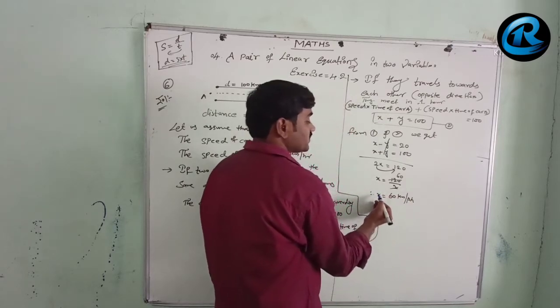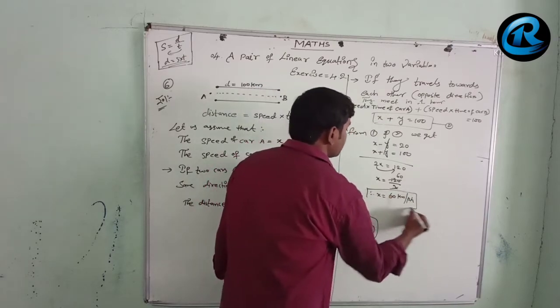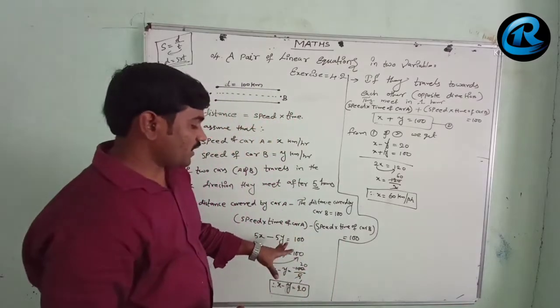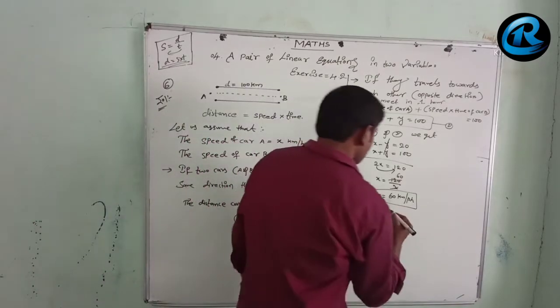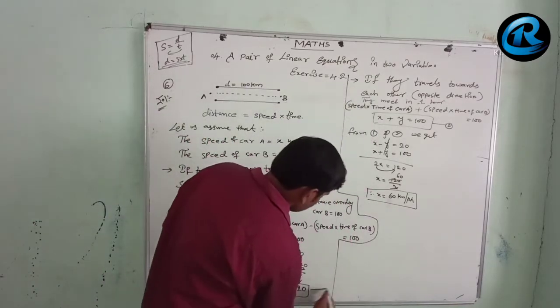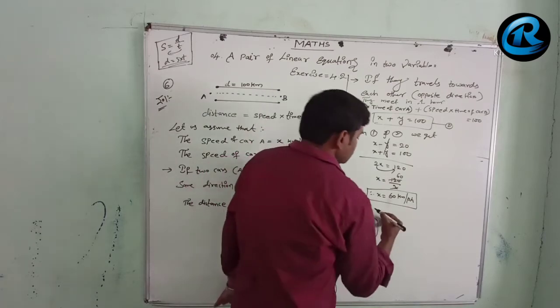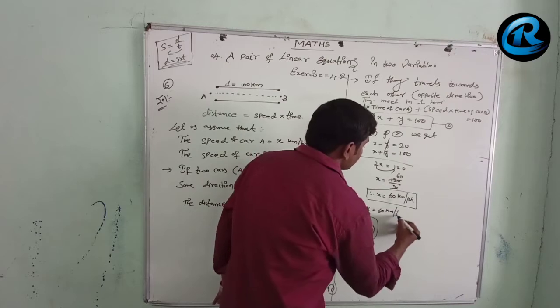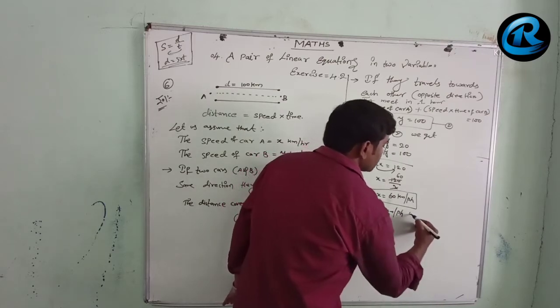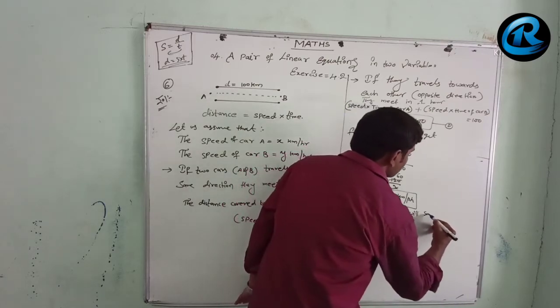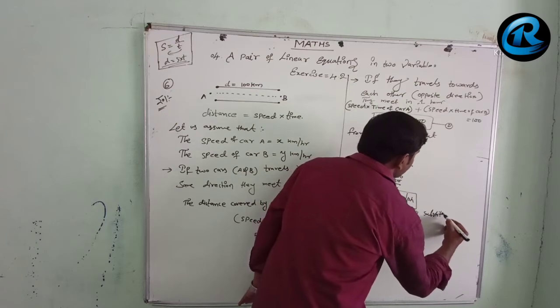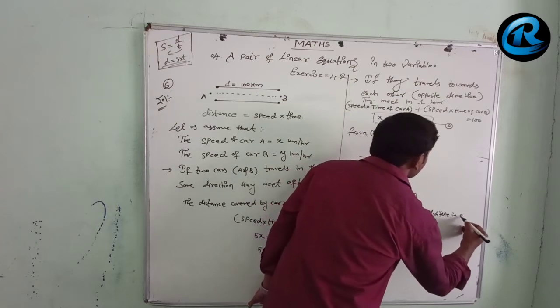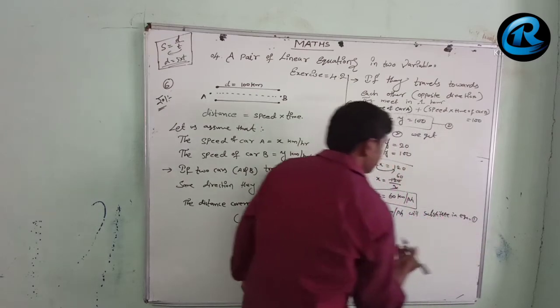So what is x? Now this x value is substituted in equation number 1 or in equation number 2. So let us substitute x equal to 60 kilometers per hour in equation number 1.